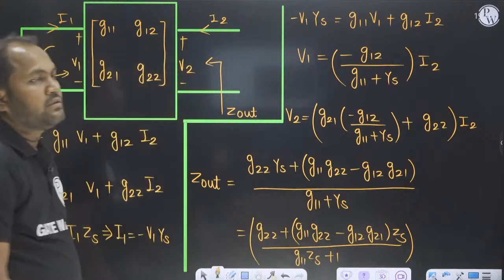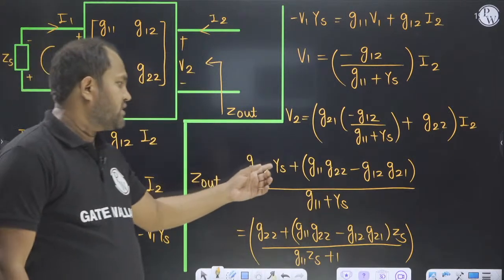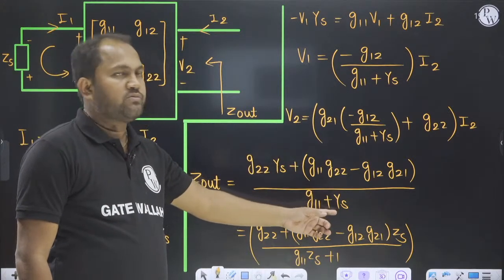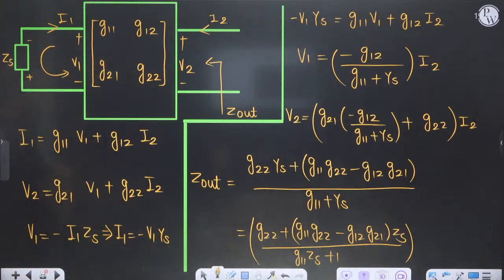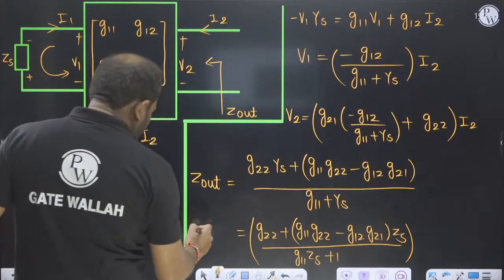YS will be written as 1 by ZS, so it will cancel out, and you can write it like this also.